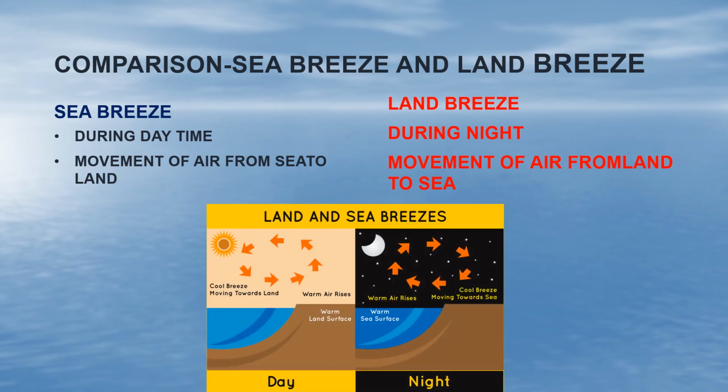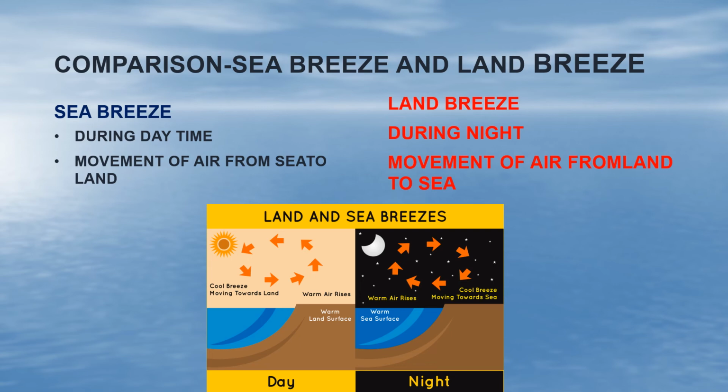Now, have a look at these two pictures. Land and sea breeze. In the daytime, the land gets heated up faster. The air also becomes hot. The hot air rises up and the cooler air moves from the seaside, and this is what is sea breeze.